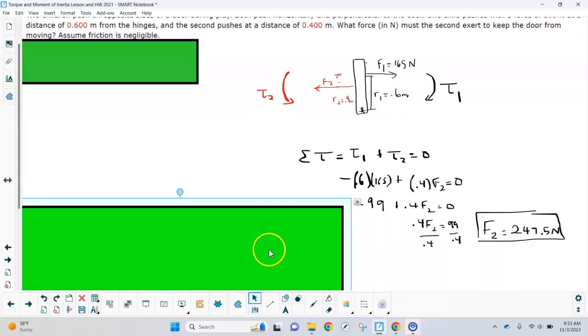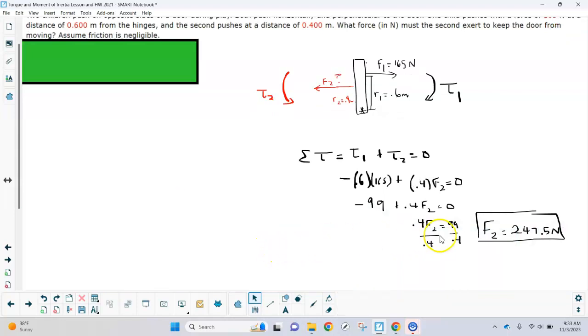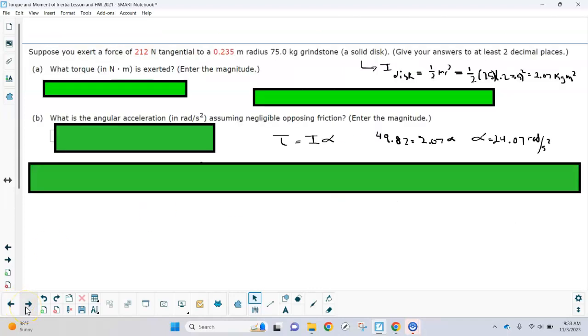So I have 0.4 F2 equals 99, divided by 0.4, and you get 247.5 newtons. So that's how much force F2 has to be, and we said that makes sense because they're closer. So if you're further away and you apply a force, to get the same amount of torque at a closer distance, you'd have to push with more force. Okay.